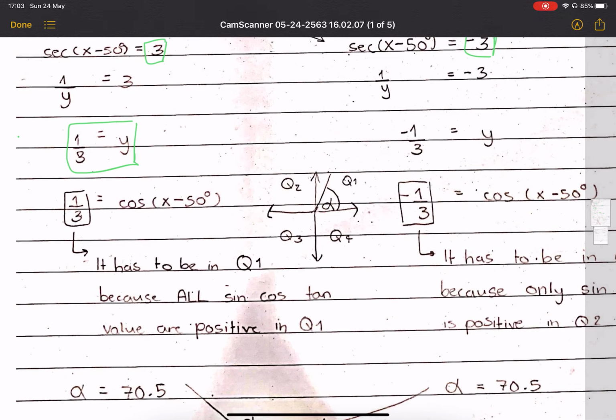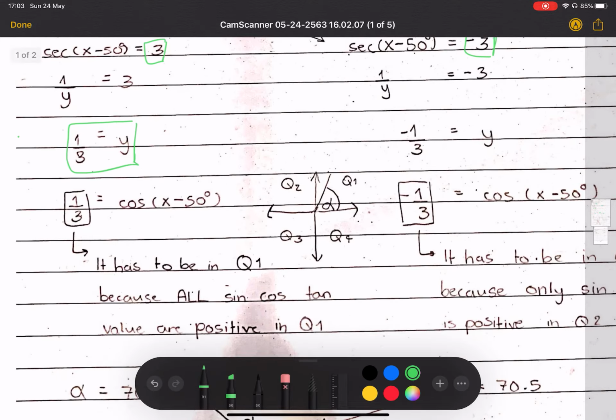And we use the calculator to solve for the value of the basic angle or alpha. And because 1 over 3 has a positive value, it can be only in quadrant 1, because all sine, cos, tan values are positive in quadrant 1.